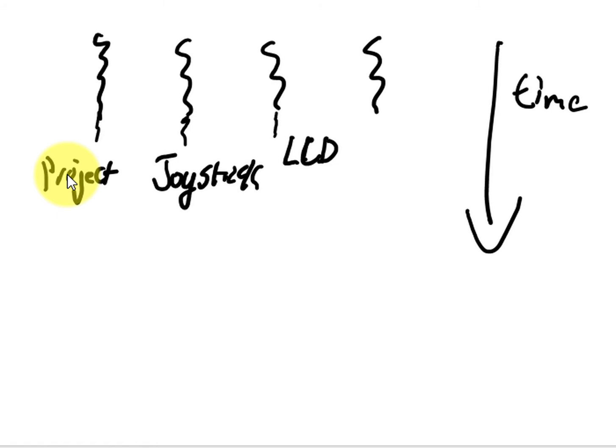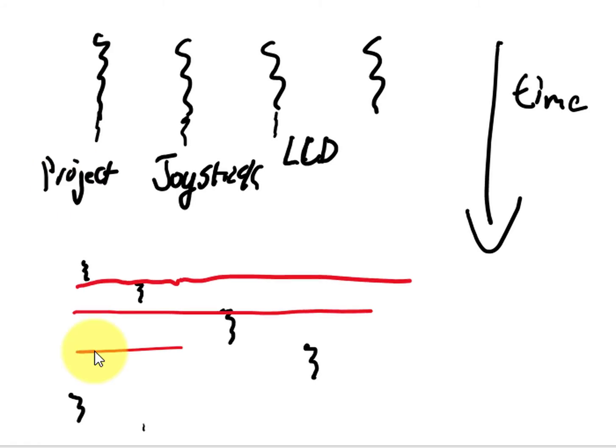In reality, one will run for a brief period of time, then the other, then the other, and they switch so fast between them that they appear to be running in parallel. If we can only run one thread at a time based on our underlying hardware, we have this constant switching back and forth between each thread so quickly that it appears as if logically they're running in parallel. Well, they might not actually be.